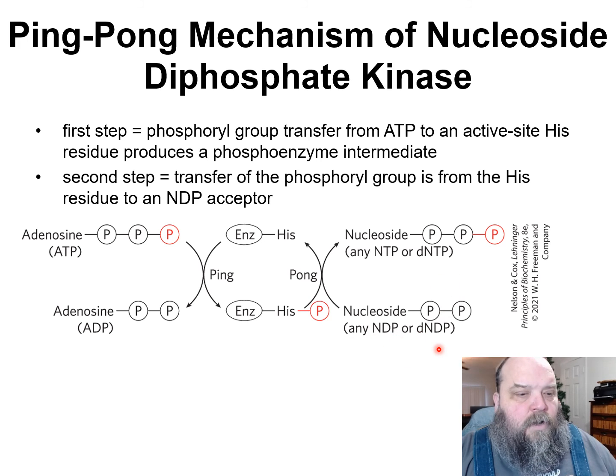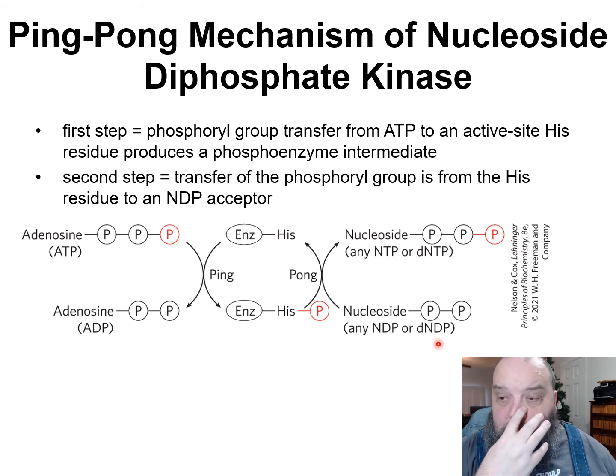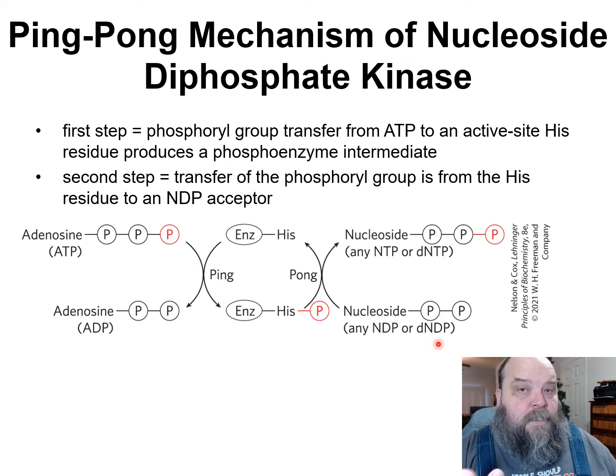What's interesting, though, is that to make the triphosphates of CTP, GTP, TTP, UTP, we do not have oxidative phosphorylation that's going to be pumping those out. So what we need to do is utilize what's referred to as a ping-pong kinase event.